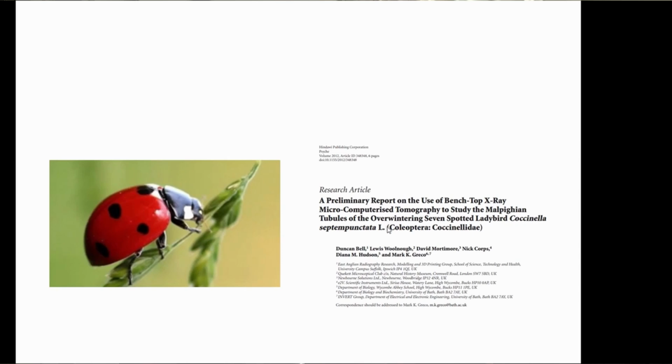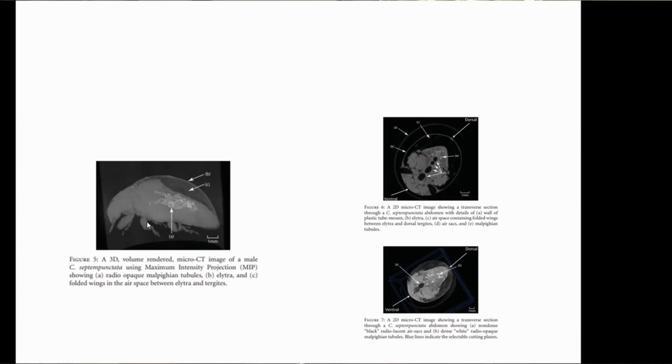We took a number of overwintering ladybirds and decided, for no good reason, to look at them using a micro CT. And you can see this is the head, thorax and abdomen.